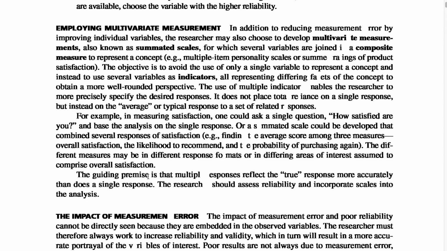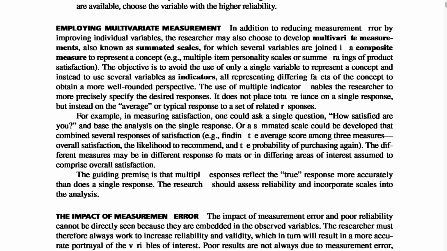This use of multiple indicators enables the researcher to more precisely specify the desired responses. It does not place total reliance on single responses, but instead on the average or typical responses to a set of related responses. For example, in measuring satisfaction, one could ask a single question, how satisfied are you? And base the analysis on the single response, or a summated scale could be developed that combines several responses about satisfaction.